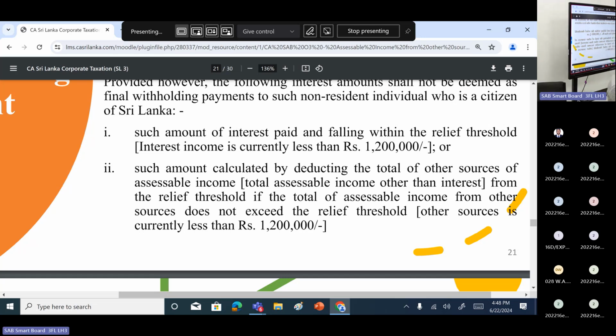But you are still a Sri Lankan citizen. Citizenship and residency are two things. Nationality is also another thing, right? Other countries' tax laws address those things: citizen, resident, and nationality. We will discuss what nationality is under the double tax agreement.